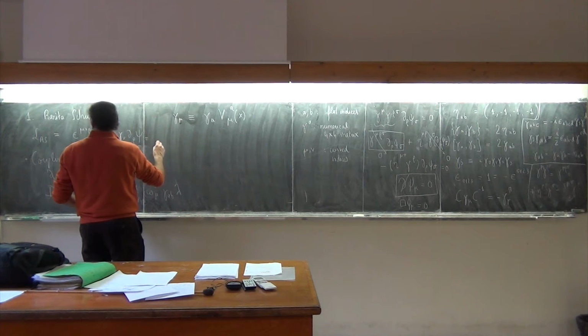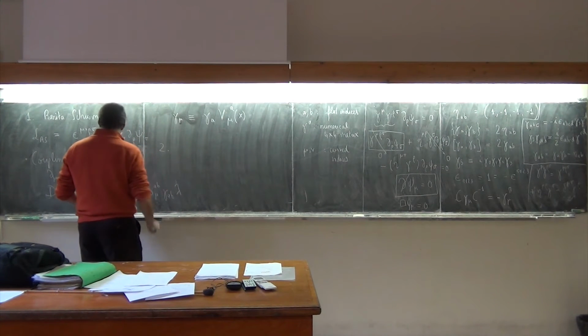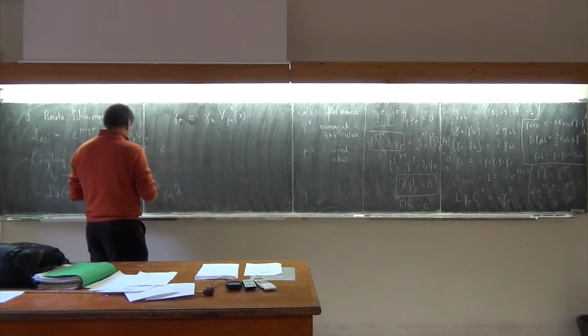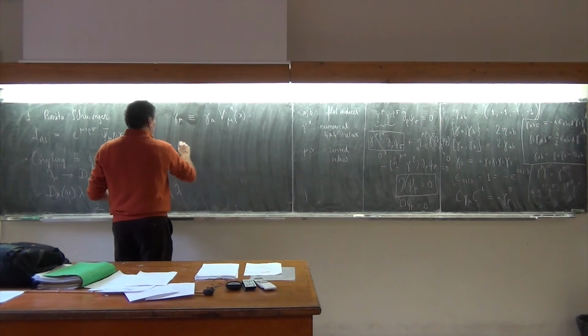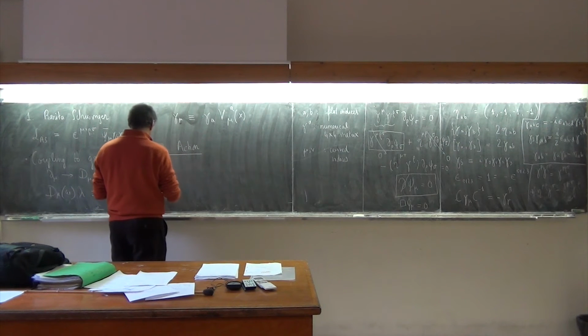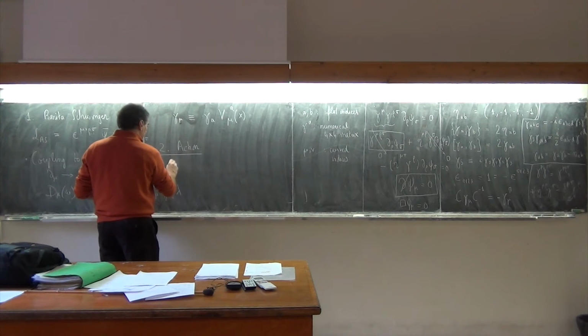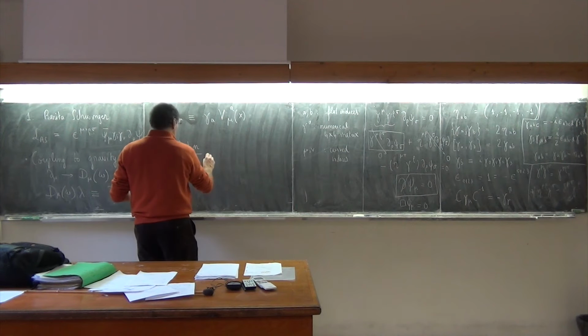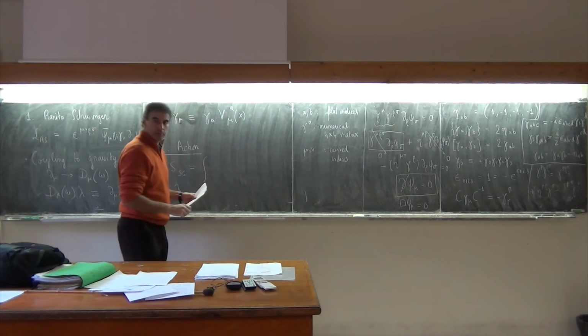Okay, then you have this coupling, and this will give you the action. And the action will be the following. The action of supergravity then is the Rarita-Schwinger action and the Einstein-Hilbert action.